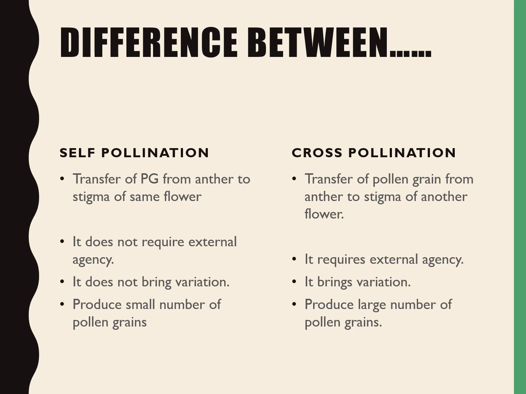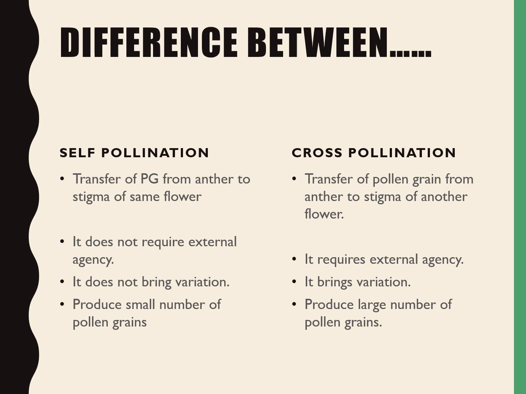Now, what is the difference between self-pollination and cross-pollination? As I already told you, self-pollination means transfer of pollen grain from anther to stigma of the same flower, whereas in cross-pollination, pollen grain goes from anther to the stigma of another flower present on another plant.